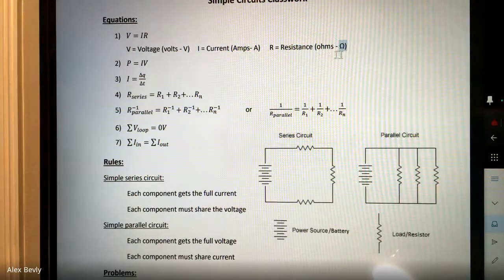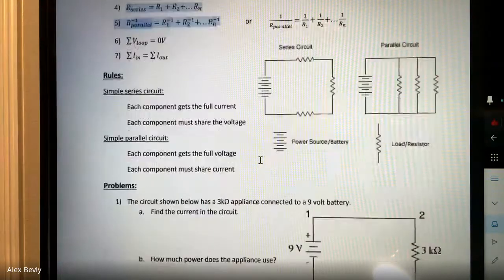We use a capital omega because if we use an O, it would look like we're using a zero. Then we have an equation for power. We still have our old power as the amount of work per time, or change in energy per time. But we can also get electrical power, which is current times voltage. And today we're going to get into these two equations for a series and a parallel circuit.